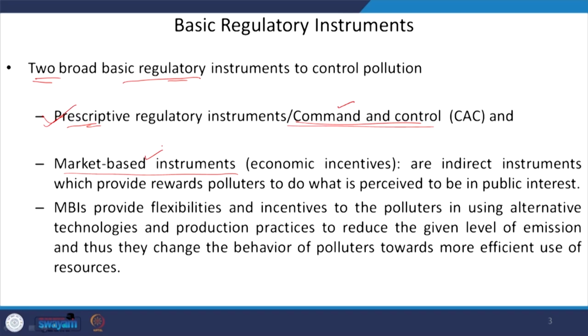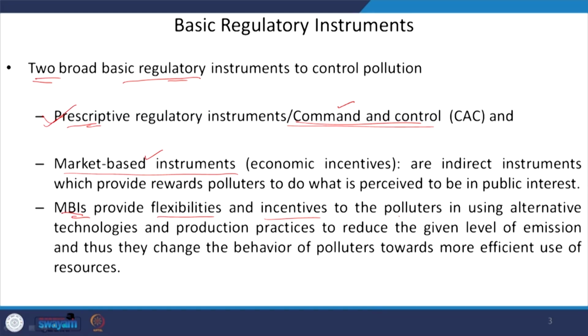But in the case of market based instruments, this gives opportunities or economic incentives for the polluter to change the pollution itself. So, now we need to understand how these market based instruments provide flexibility and incentives to the polluting firms to change the mode of production and the level of pollution.